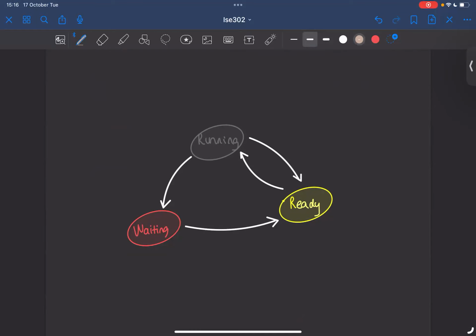So when a process is ready to execute, okay, the dispatcher, a part of the operating system, selects it, okay? So the scheduler picks this process.